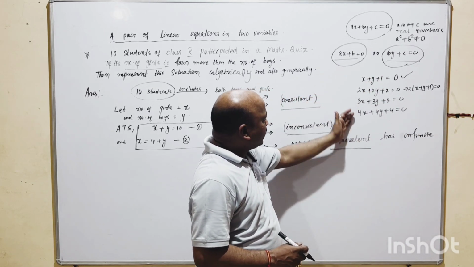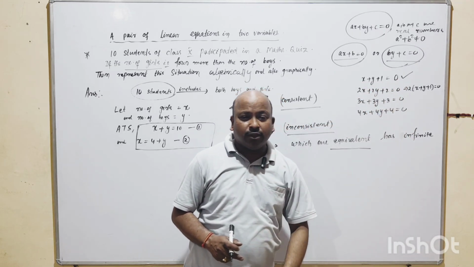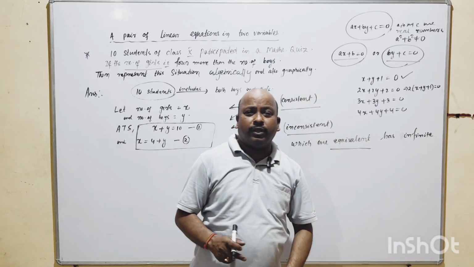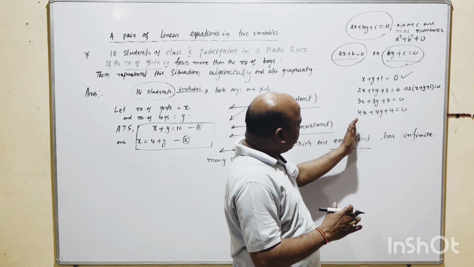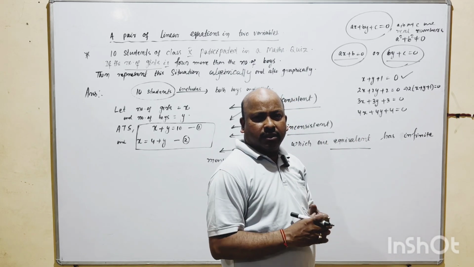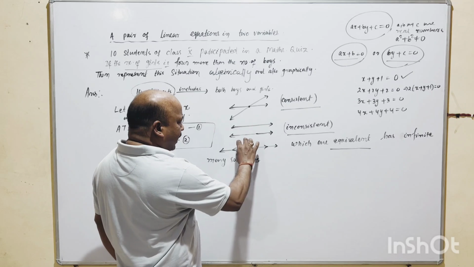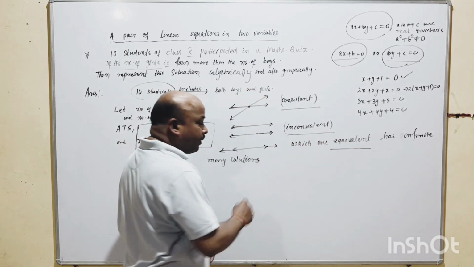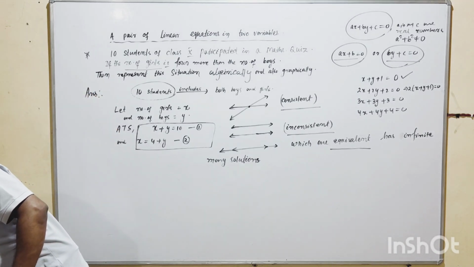So the equivalent equations of x plus y plus 1 are 2x plus 2y plus 2 equal to 0, 3x plus 3y plus 3 equal to 0, 4x plus 4y plus 4 equal to 0, and so on. We can write such infinite equations. Okay, so listen carefully, very important concept. A pair of linear equations in two variables which are equivalent has infinitely many solutions.